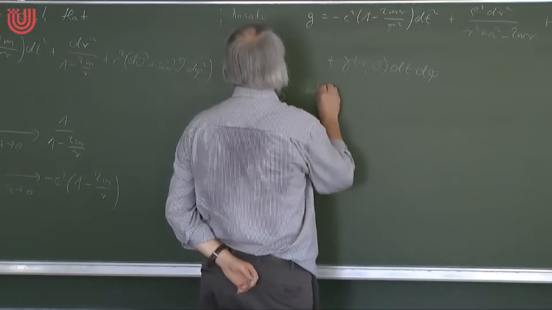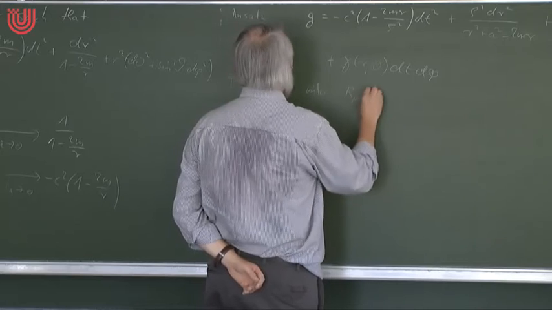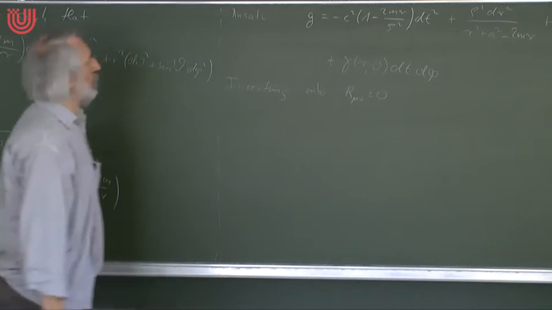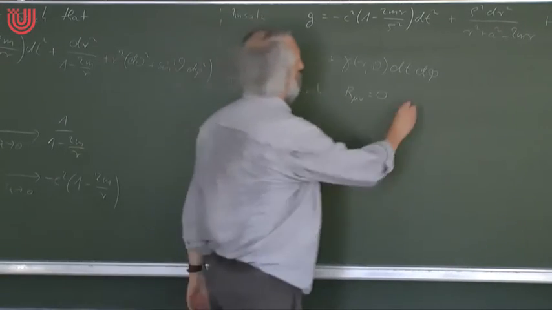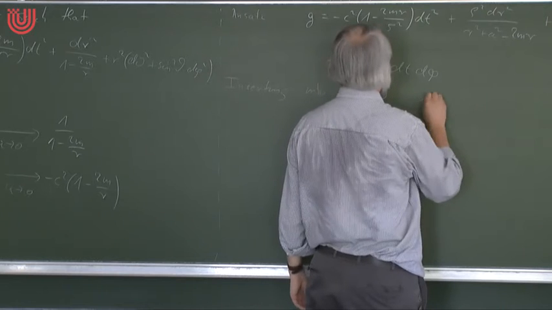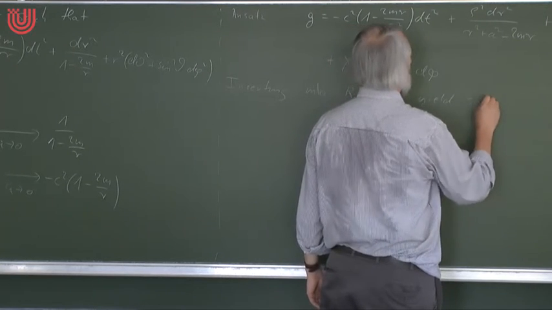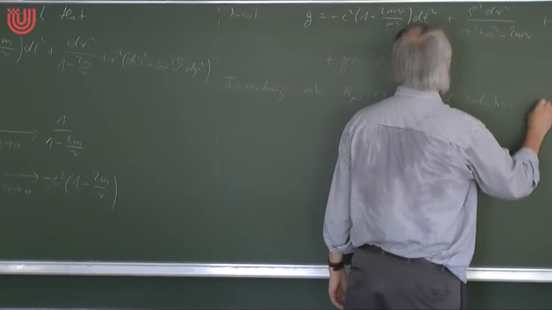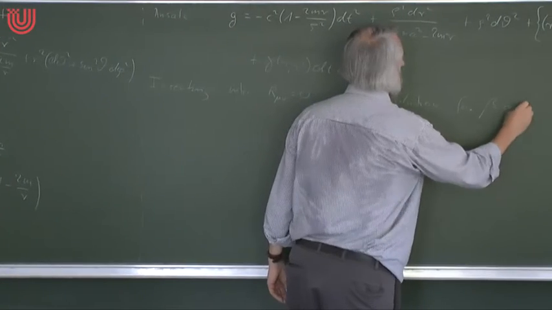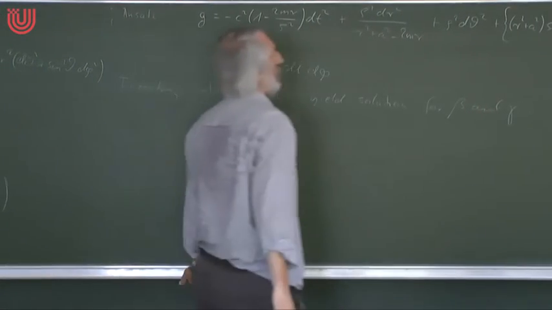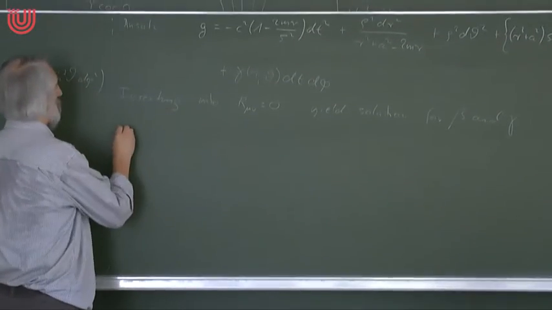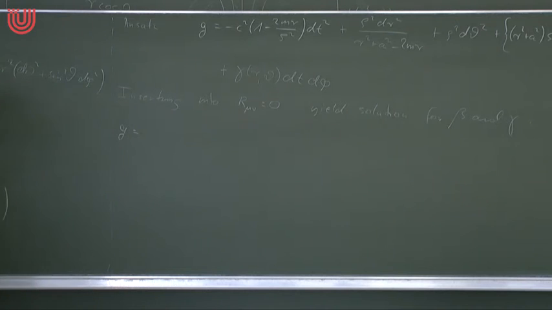Inserting into R_mu nu equals 0, that's the equation we want to solve, yields a solution for beta and gamma, and what you find is indeed the Kerr metric. This can be done by a computer program for you, of course.